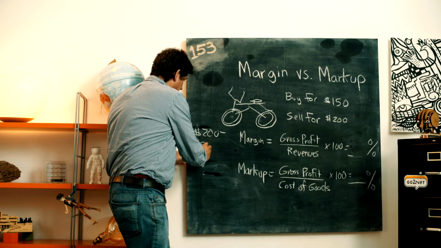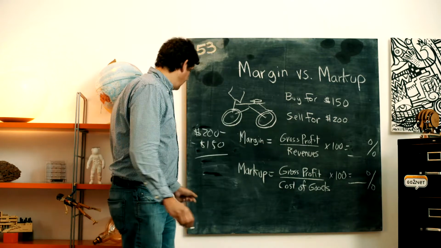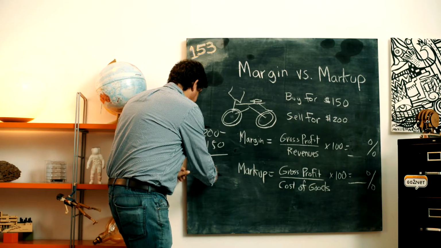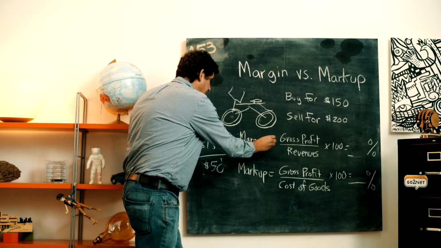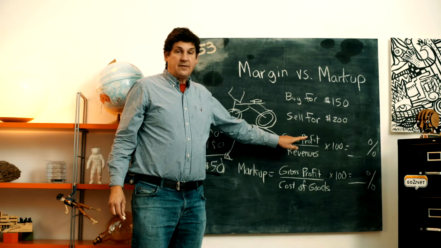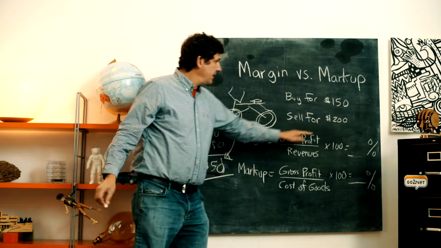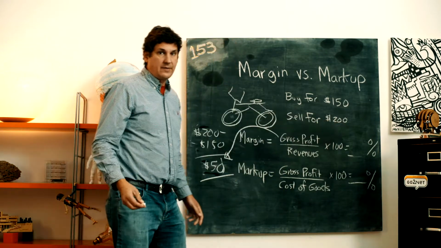minus 150 will be our gross profit, and so that is 50. We divide that by the revenues, so the 50 divided by the $200, which is the revenues or the sales.